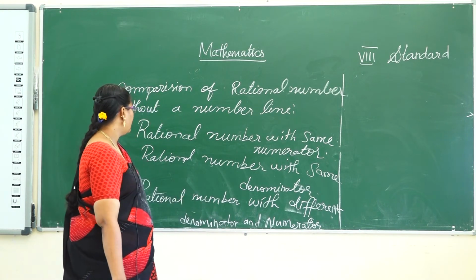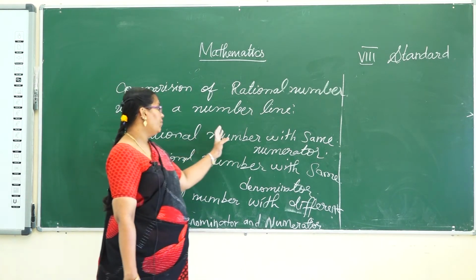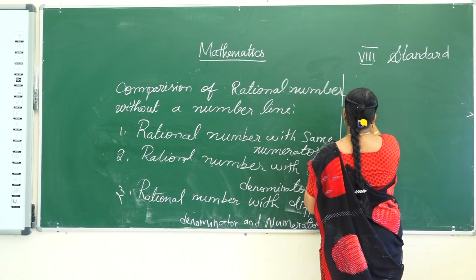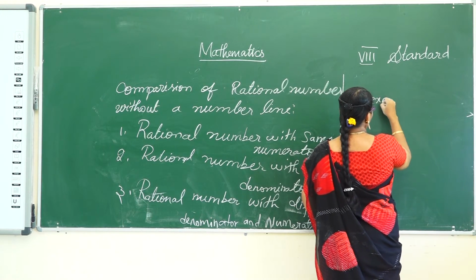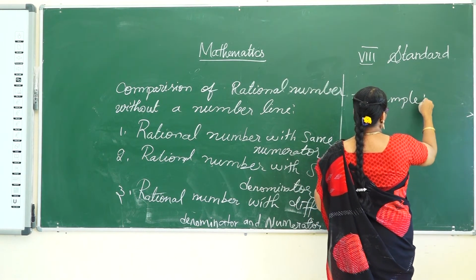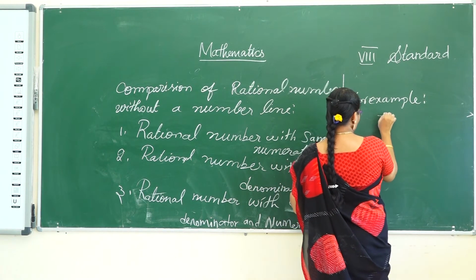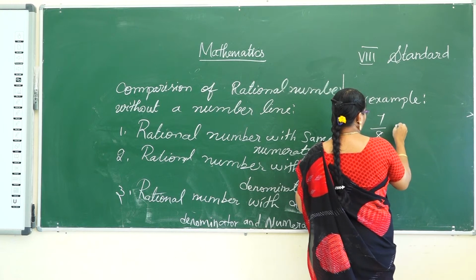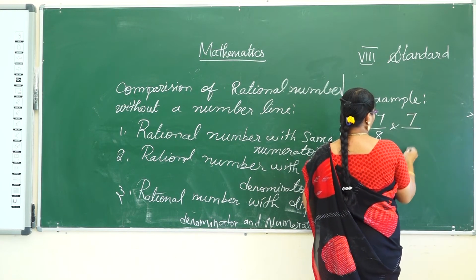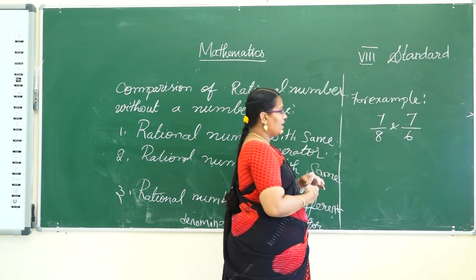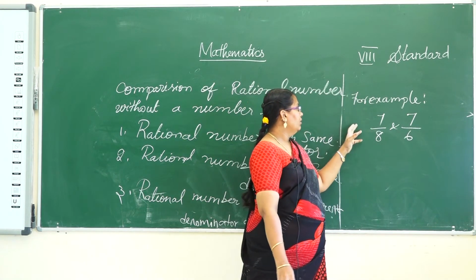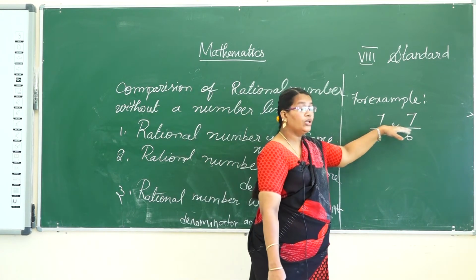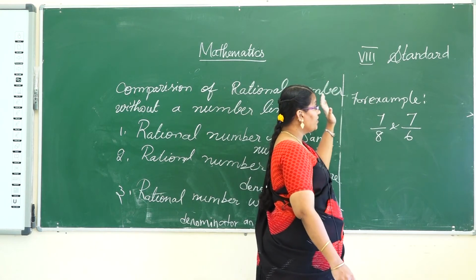First of all, see the rational numbers with the same numerator. For example, the numerators are the same: 7 by 8 and 7 by 6. How do you compare which one is greatest?